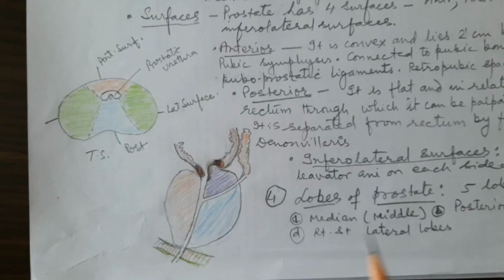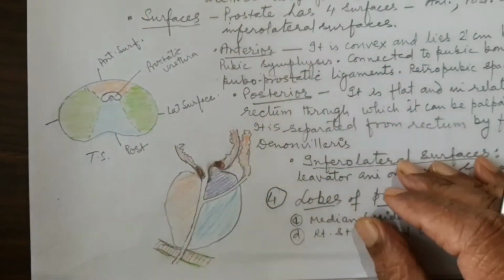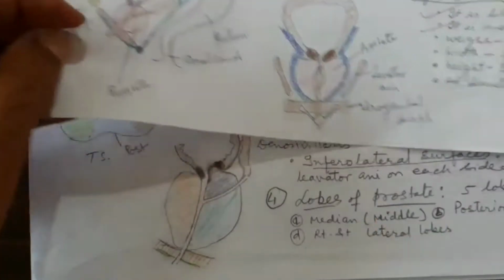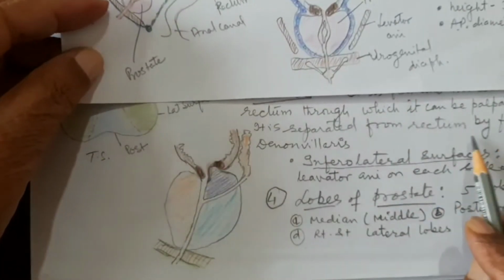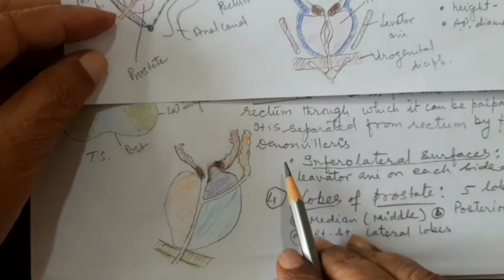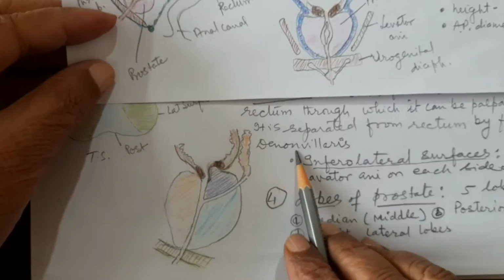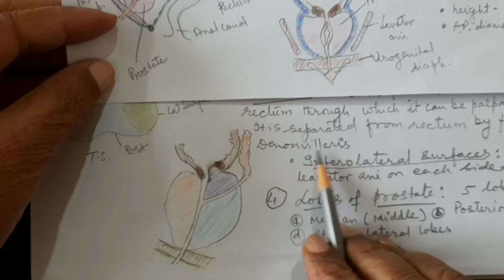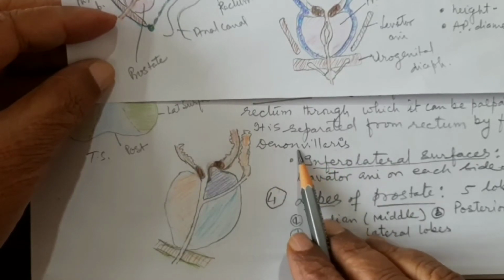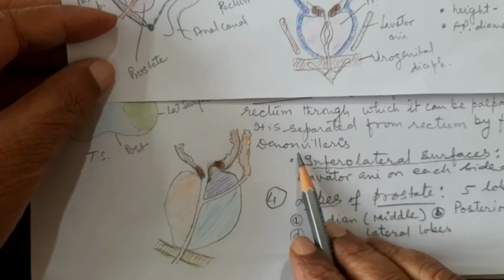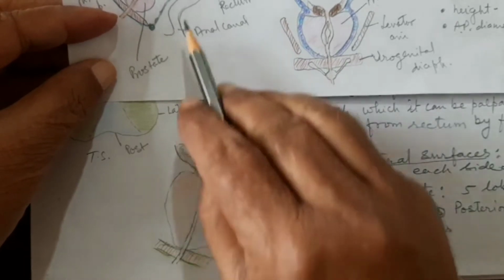Now this posterior surface is separated from that of the rectum by the fascia, which we call the rectovesical fascia, and here the name is given as the fascia of Denonvilliers.